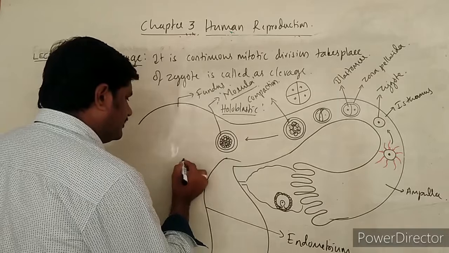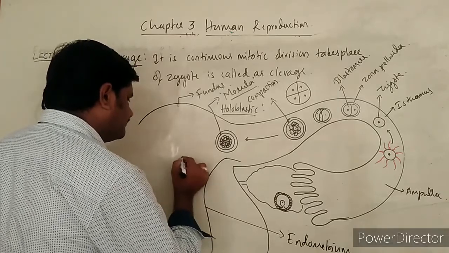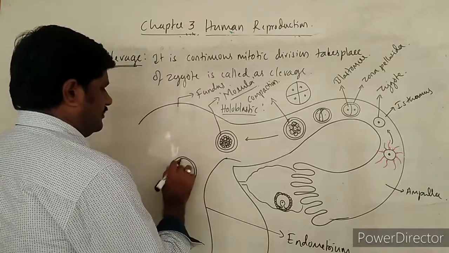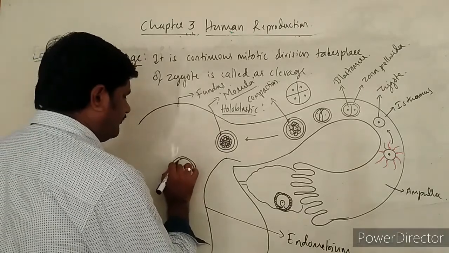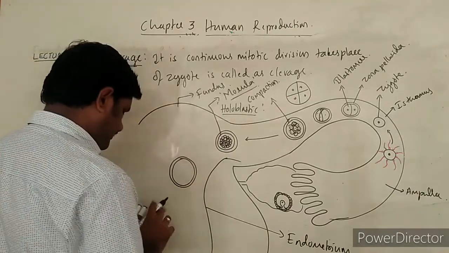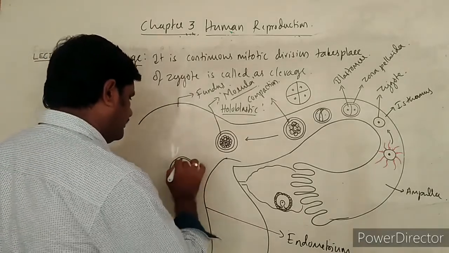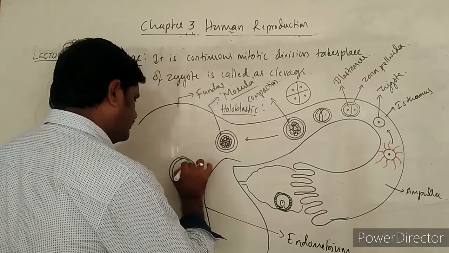So suppose this is the structure, inside which we come across cells, cell masses over here.